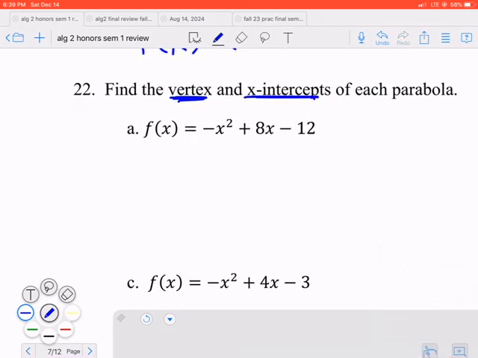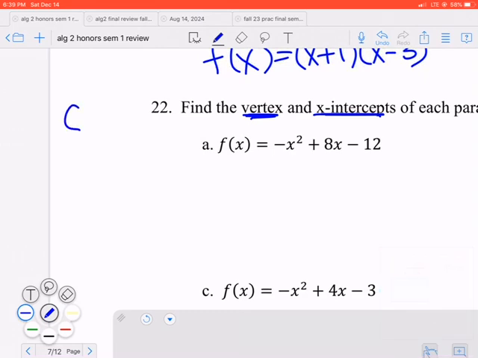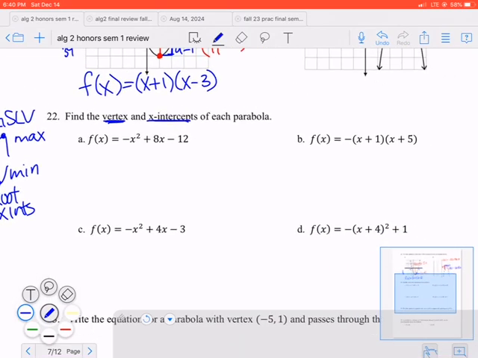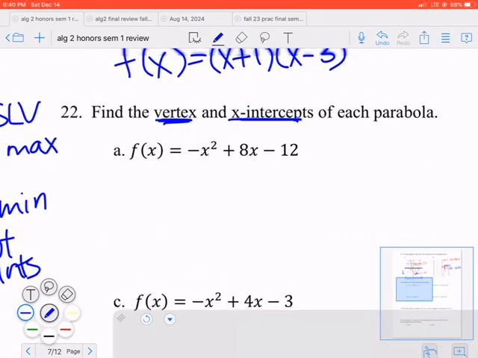So we learned that after you graph it, you press F5 for G-solve, and then if it's a parabola opening down, I would press max. If it's opening up, I would press min, and that gives you the vertex. And then if you hit root, that gives you the x-intercepts. But I don't have that here, so I'm going to do it longhand.